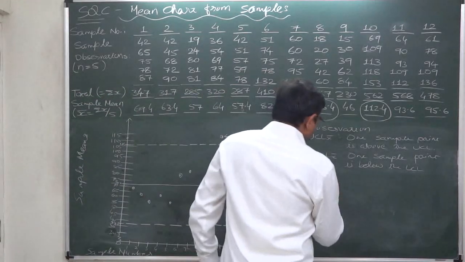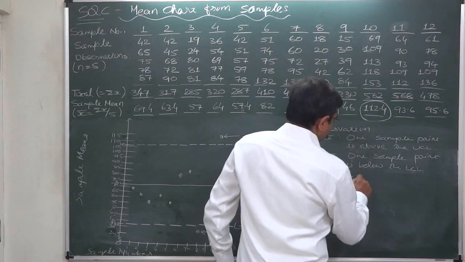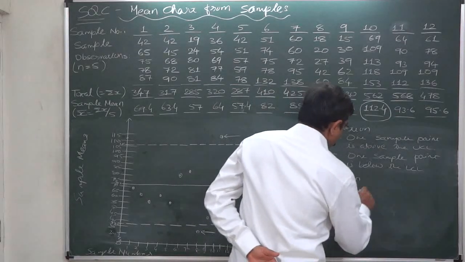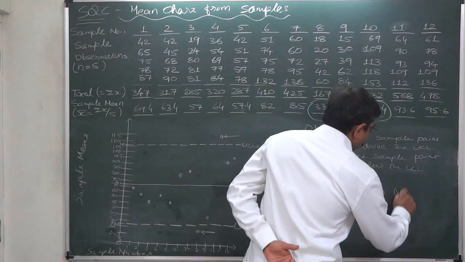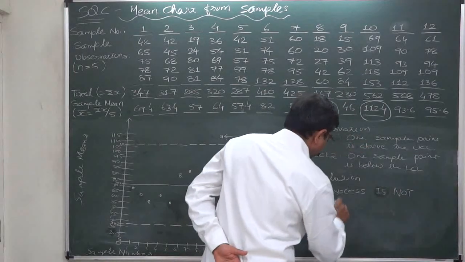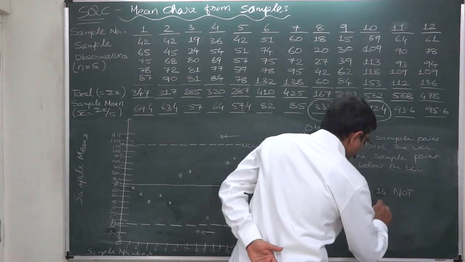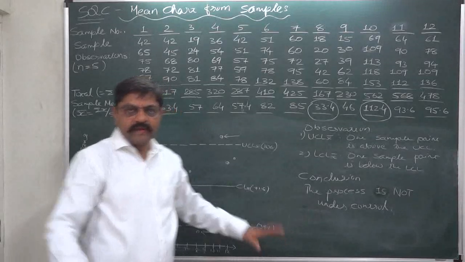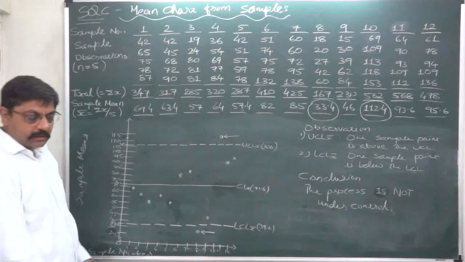So now we can write the conclusion. The process is not under control. When can we conclude that the process is under control?